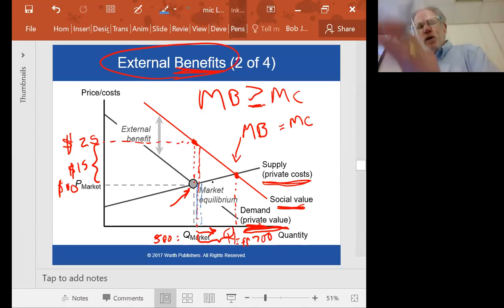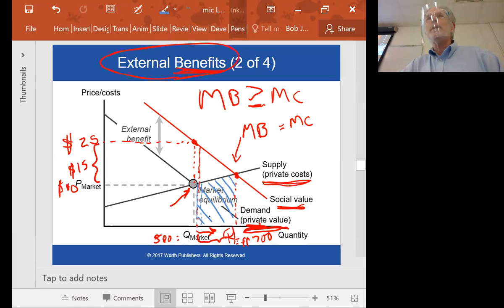The total cost of the last 200 units is going to be the area under the supply curve. Anytime you find the area under a curve, that's giving you the total. So the total cost of producing these last 200 units would be that area in blue.